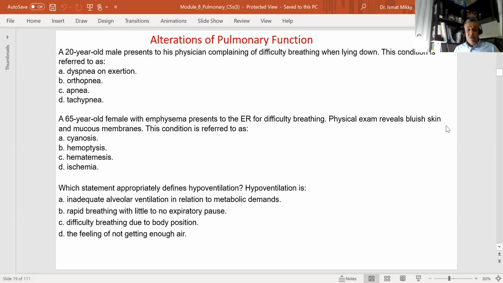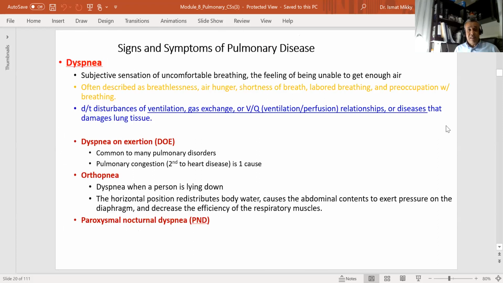Hyperpnea is rapid breathing with little to no expiratory pause, orthopnea is difficulty breathing due to body position, which is the lying position. Dyspnea is the feeling of not getting enough air, that's called dyspnea.